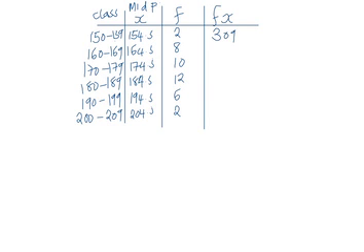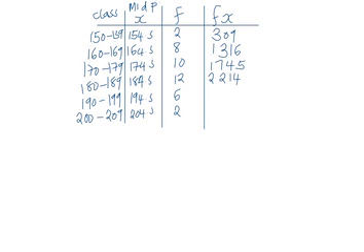The second one, 164.5 multiplied by 8, which is 1316. We have 174.5 multiplied by 10, which is 1745. 184.5 multiplied by 12 will give us 2214.